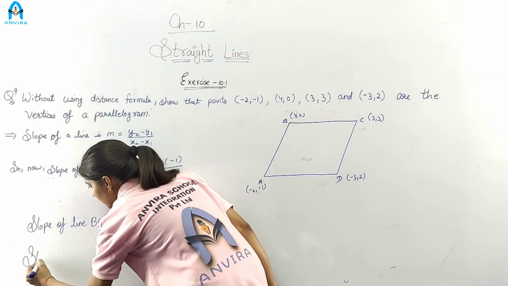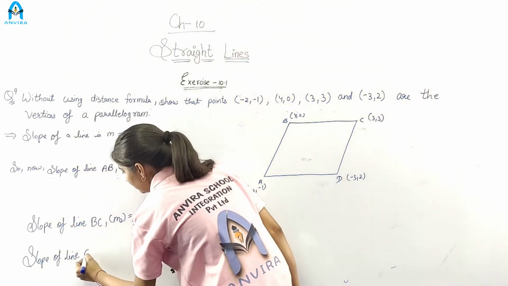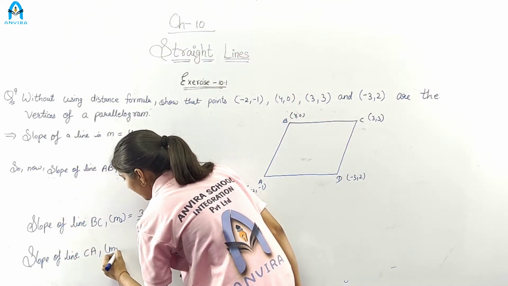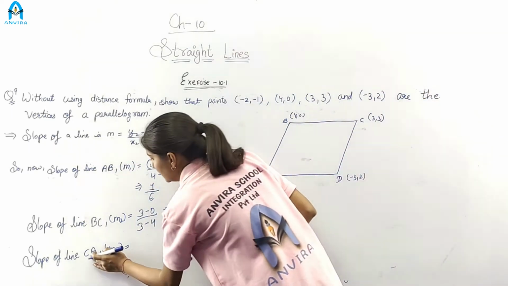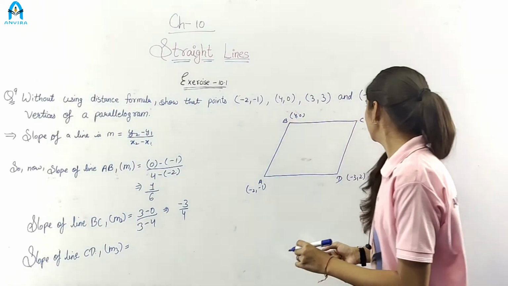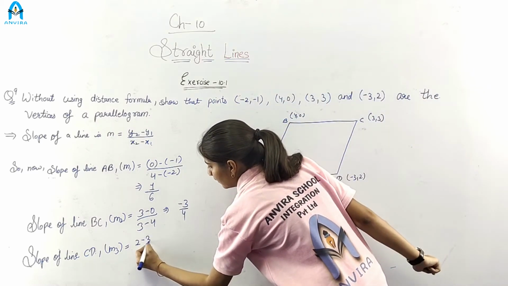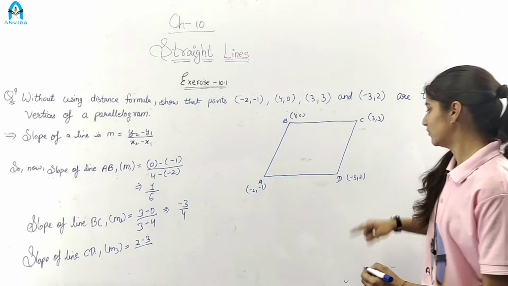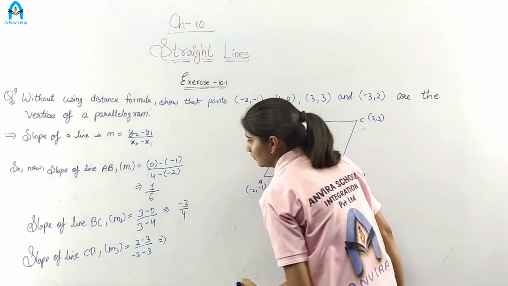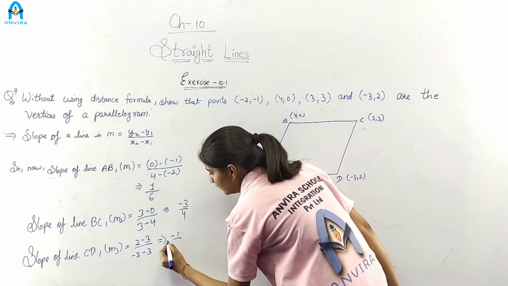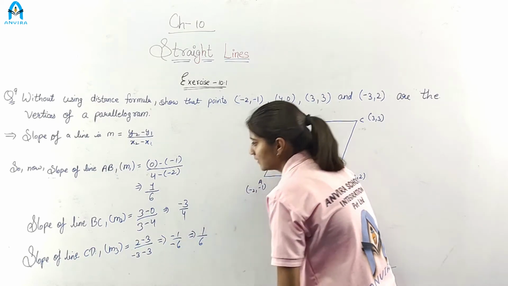Similarly, the slope of line CD, that is m3, equals y2 minus y1, 2 minus 3, divided by x2 minus x1, that is minus 3 minus 3. This equals minus 1 by minus 6, that is 1 by 6.